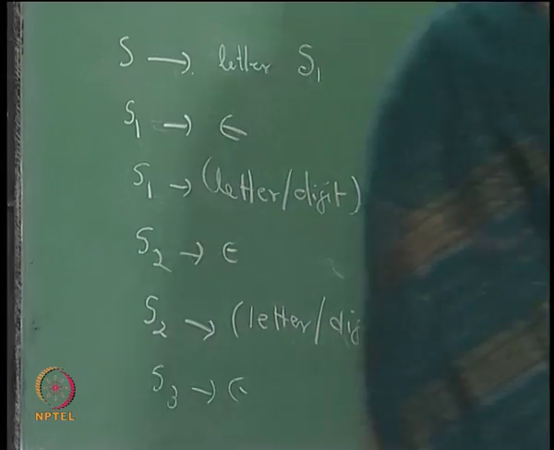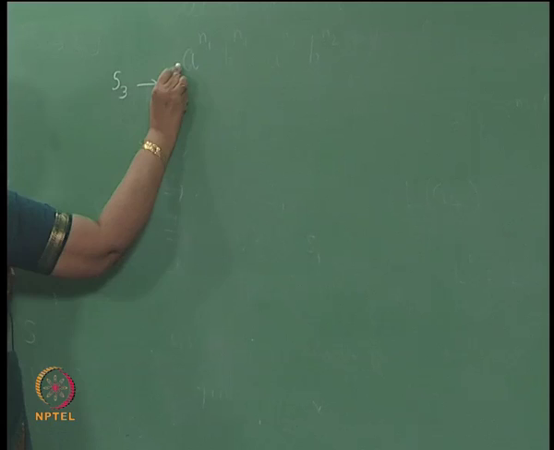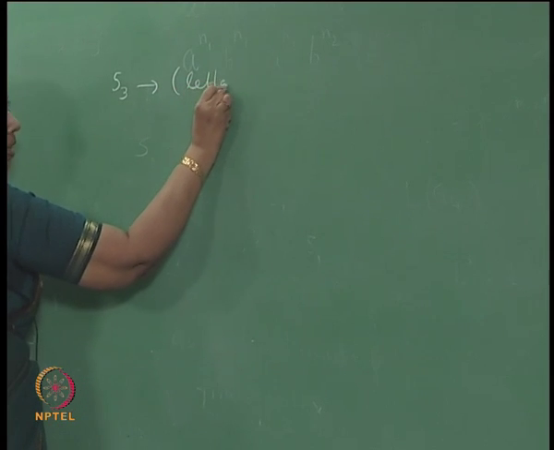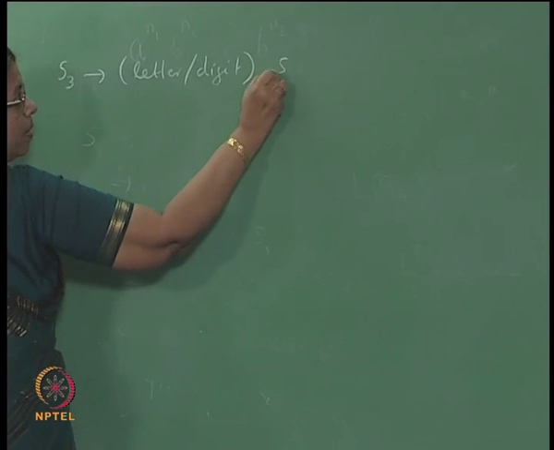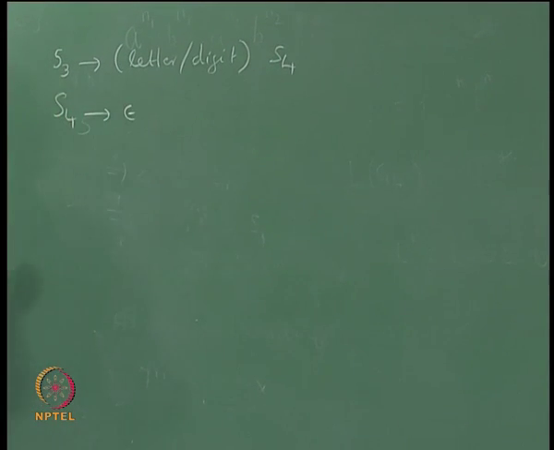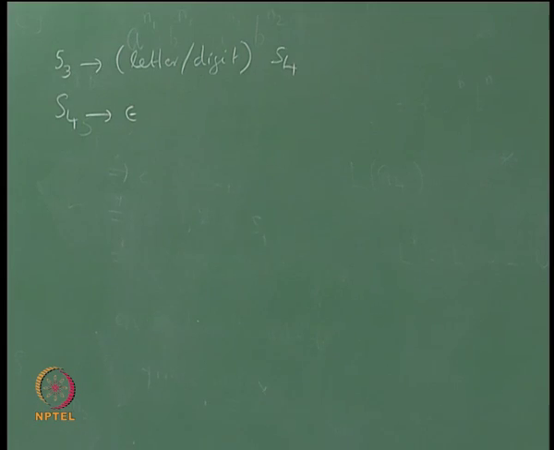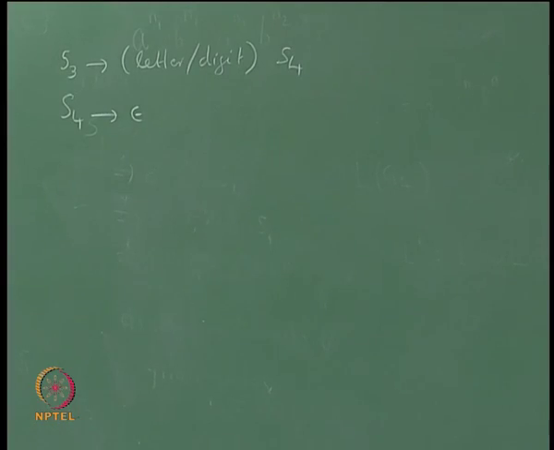If you want to generate the 4th symbol, S3 goes to letter digit S4, S4 goes to epsilon. So, this is one symbol, 2, 3, 4, up to 4 symbols you can generate like that.